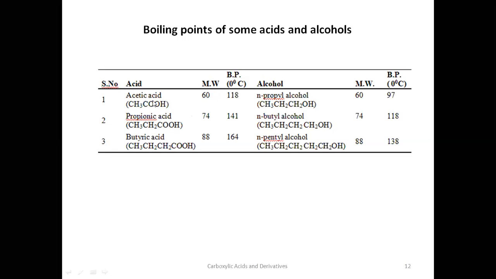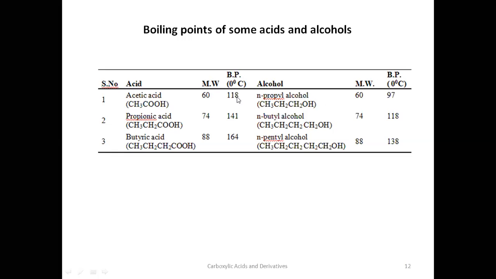When we compare the boiling points of acetic acid and N-propyl alcohol, the boiling point of acetic acid, CH3COOH, is 118, whereas the boiling point of N-propyl alcohol is 97. There is a lot of difference here. Whose boiling point is more? Acetic acid's boiling point is higher than N-propyl alcohol's. Why is it higher?